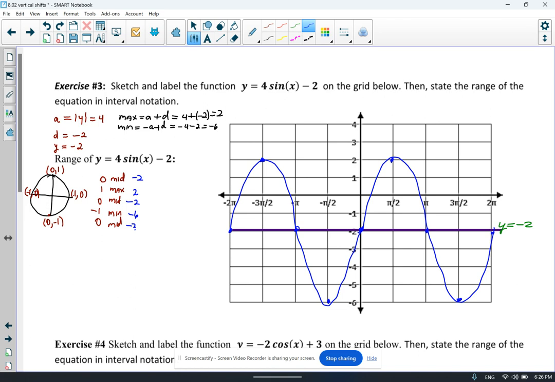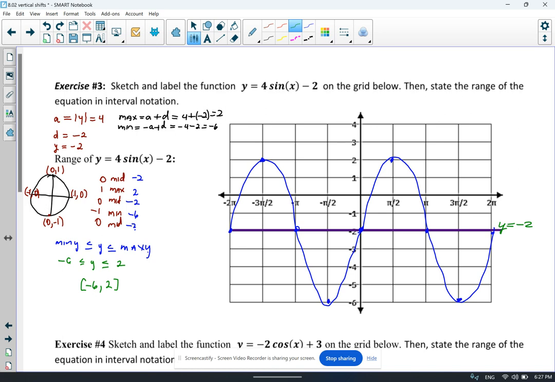To get the range of the function, think of range as your minimum y value to your maximum y value. So that's going from -6 to 2. And in interval notation, it would be the hard bracket, -6 to 2.